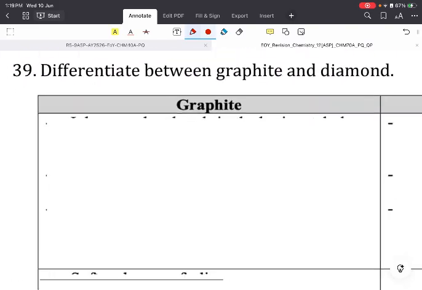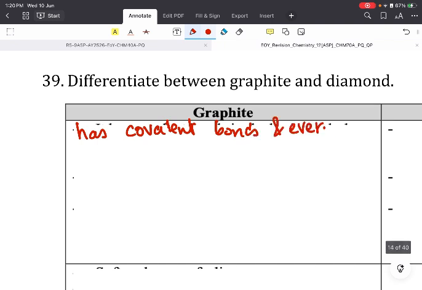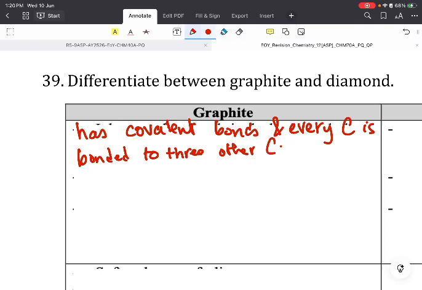So here I'm going to say graphite has covalent bonds, and every carbon is bonded to 3 other carbons. Two things result from this.